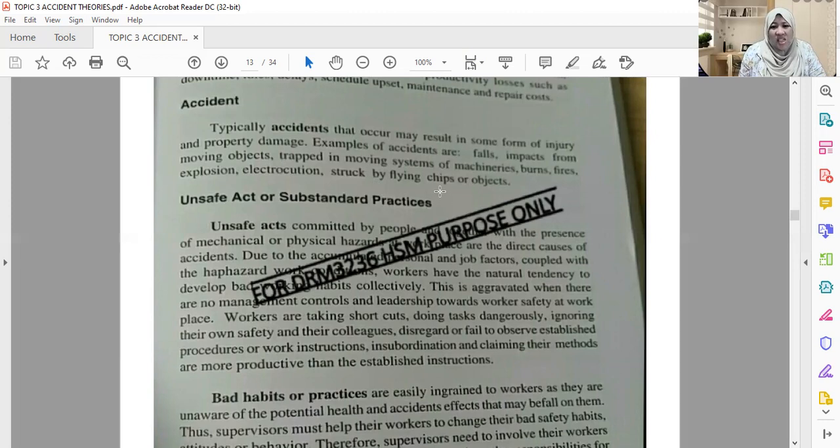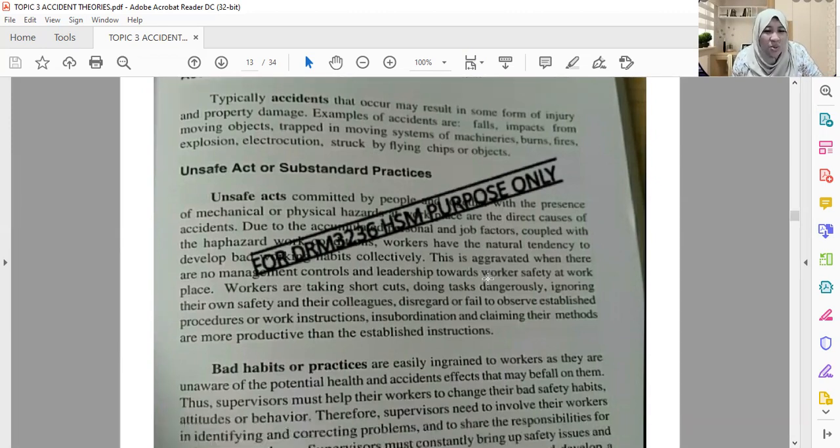Struck by flying chips or objects. So meaning to say maybe some machinery is moving, and then all of a sudden it malfunctions. So what happens is maybe it affects you, like cuts your hand, your finger, Masya Allah, na'udzubillah min zalik. Okay, so unsafe acts or substandard practices.